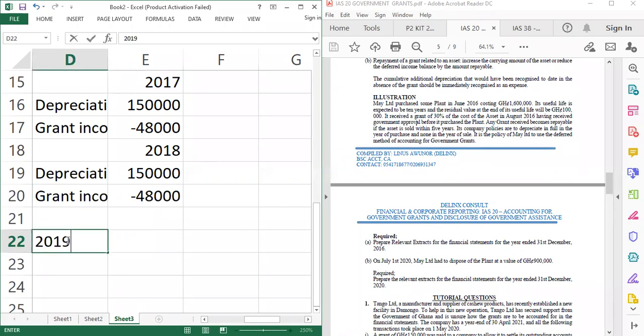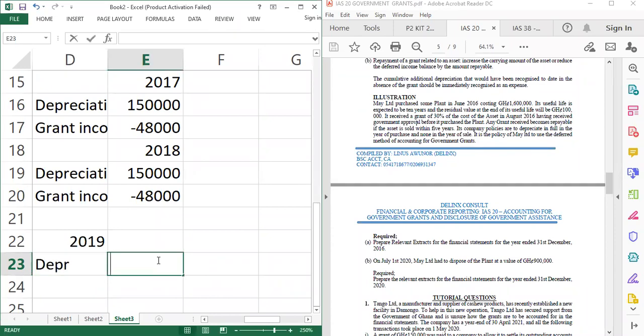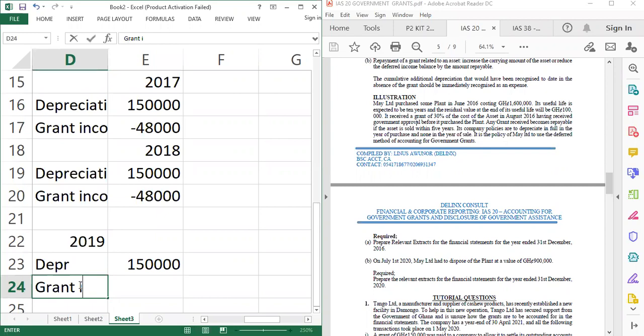Yeah, 2019 is the same thing. We have depreciation of 150 and grant income of 48,000.